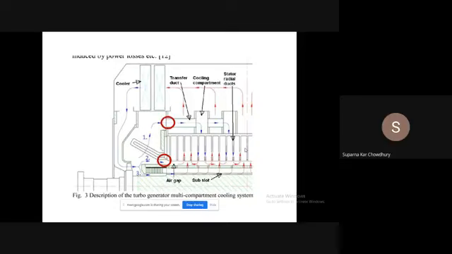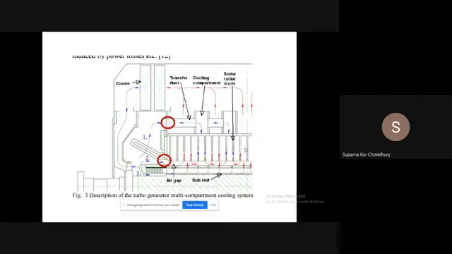So this is in a nutshell the very basic construction. From here, you can understand that the construction is quite complicated, and a large part of it is basically mechanical. In a power plant, 50% is electrical and 50% is mechanical involvement.